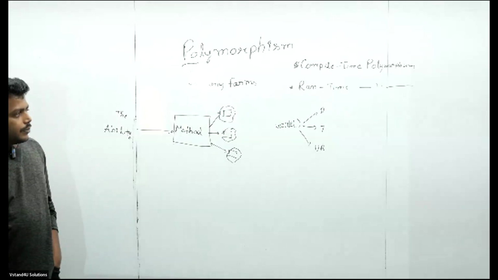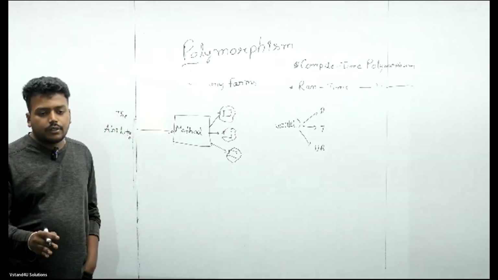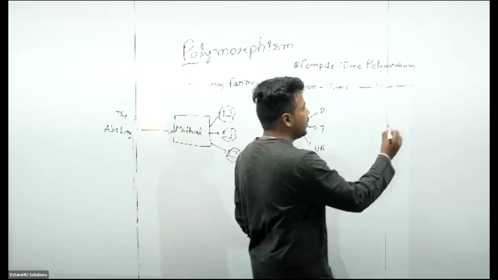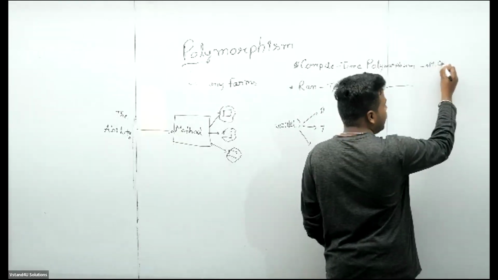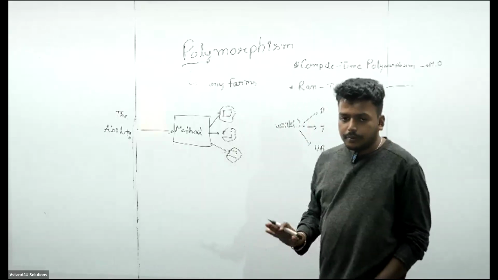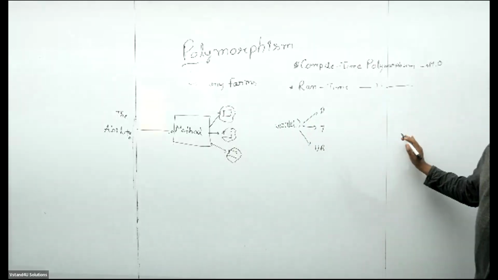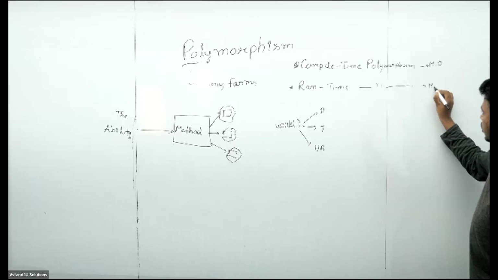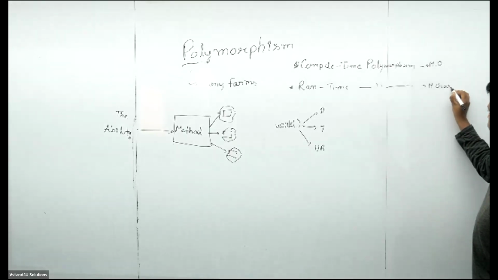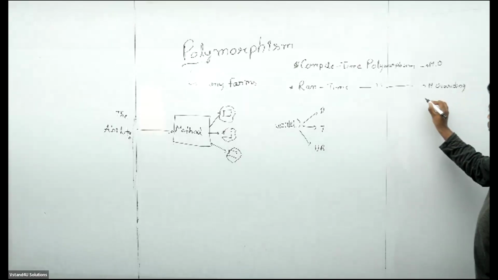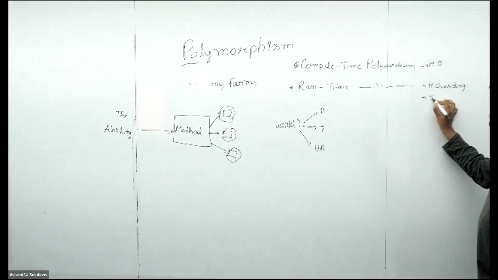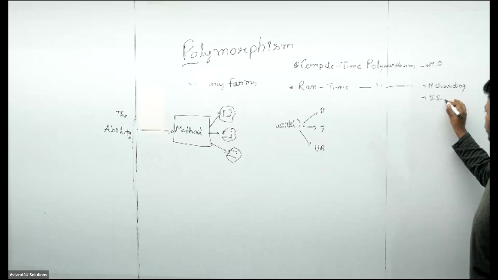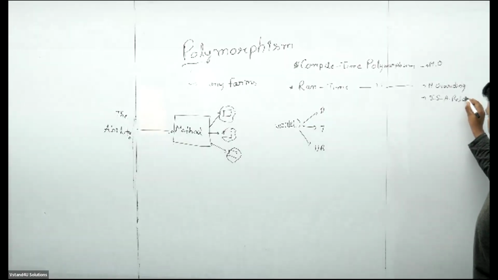Compile time polymorphism is referred to as method overloading. Method overloading is nothing but compile time polymorphism. But runtime polymorphism is referred to as method overriding. For method overriding, an is-a relationship is mandatory.